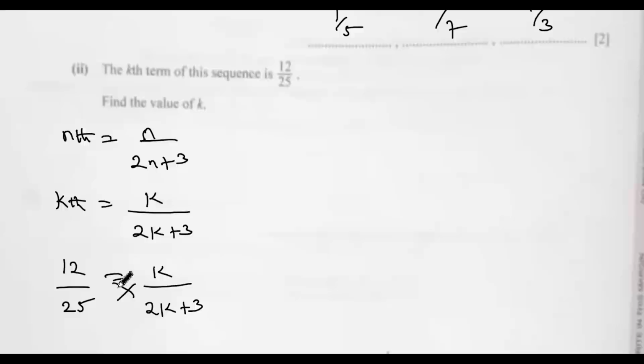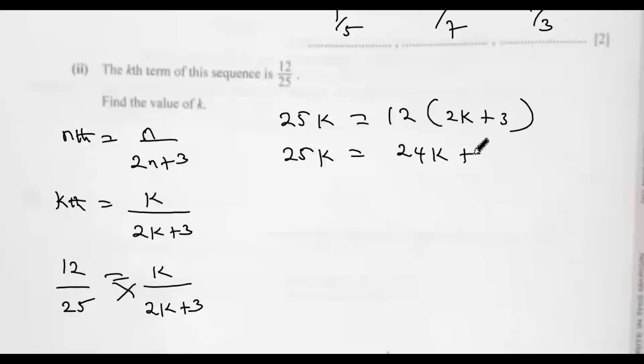If you cross multiply here, we are going to have 25 times k, 25k, equals 12 times 2k plus 3. If you expand this, you have 25k equals 12 times 2k, that is 24k, add 12 times 3, that is 36.